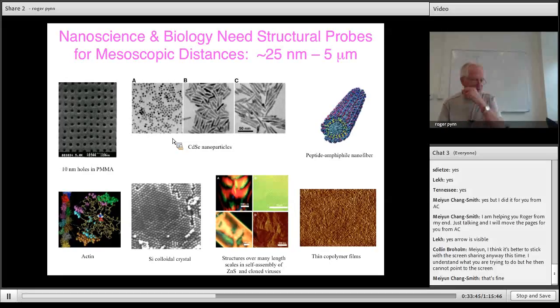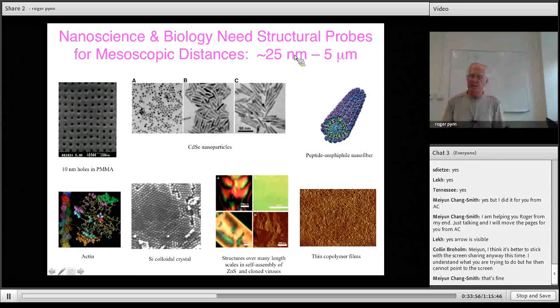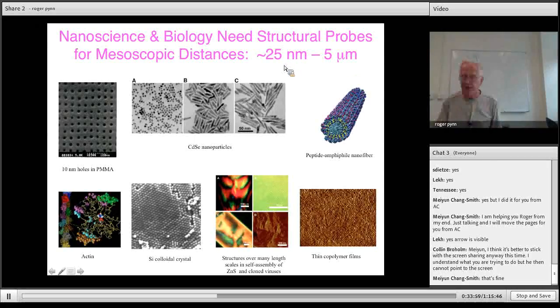This slide just has a bunch of pictures of various things that you could imagine that you might do small angle scattering on, with length scales varying from, let's say, 25 nanometers up to something like 5 microns.